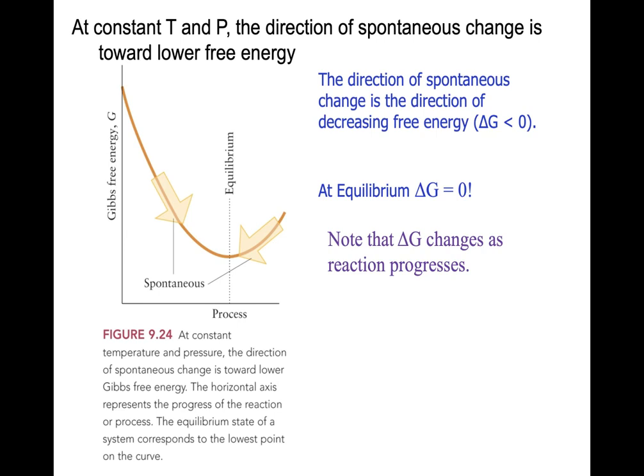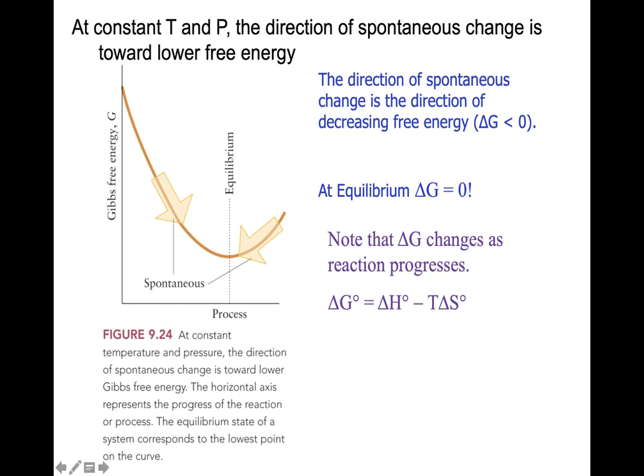I want to point out again that delta G changes as it progresses. What we're going to talk about first is delta G naught, or the standard free energy change, which is connected to the standard enthalpy change and the standard entropy change.